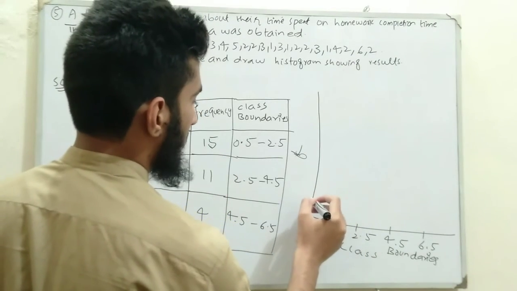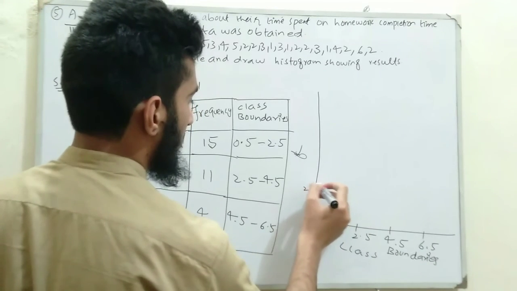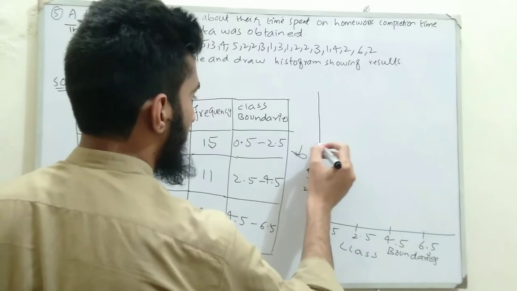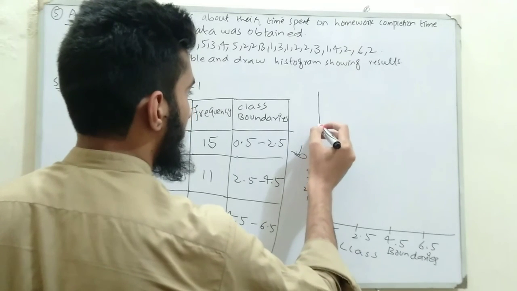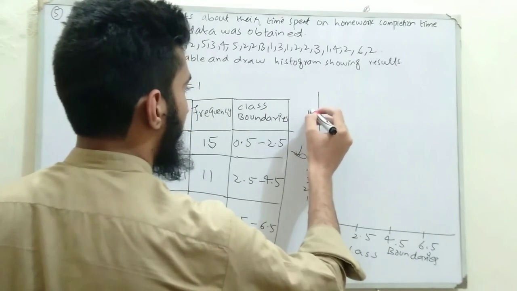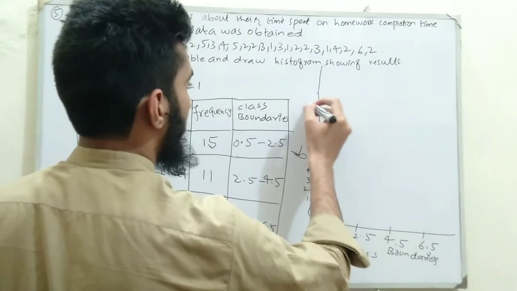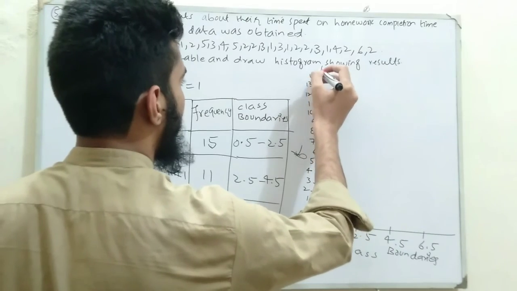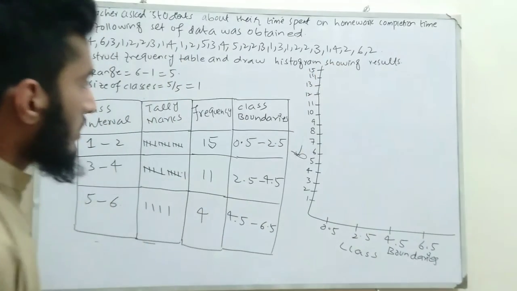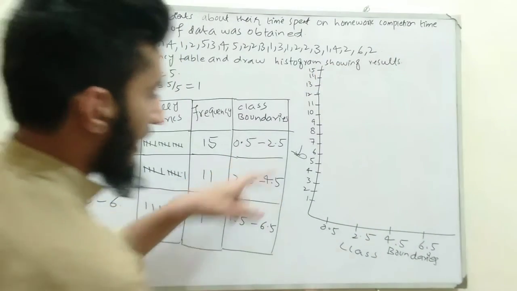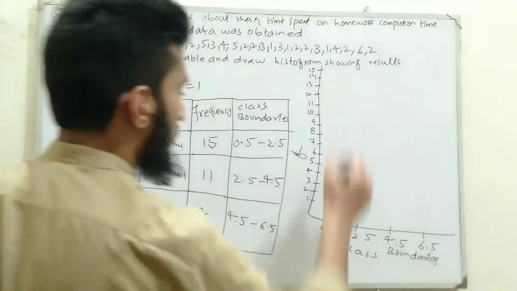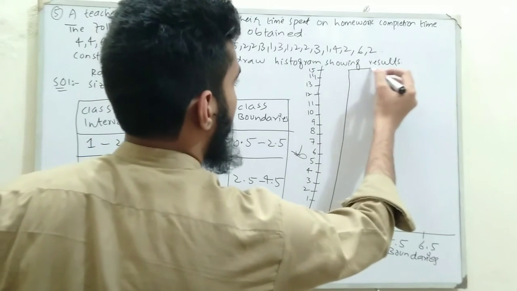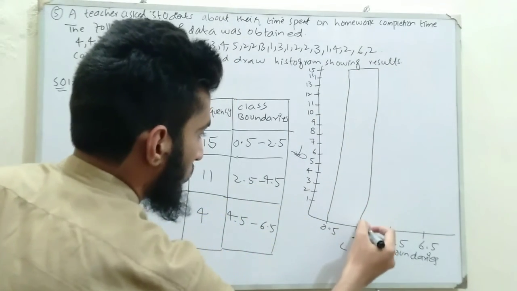So let's mark the frequency axis 1, 2, 3, up to 15. Between 0.5 and 2.5 the frequency is 15, so we draw the bar up to 15 and join it with 2.5.